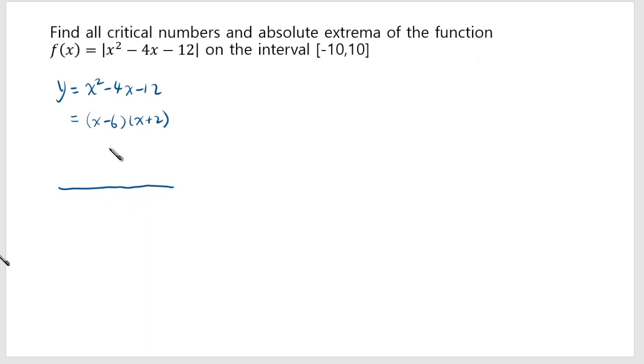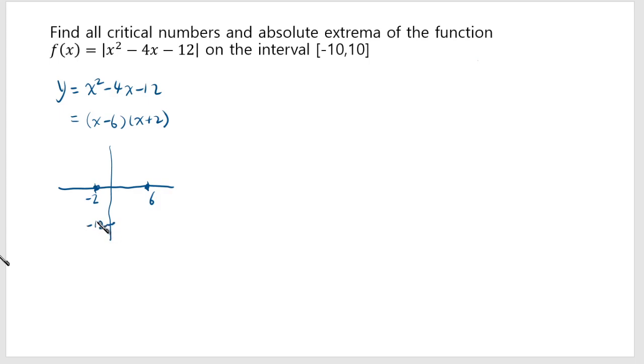So let's say here's negative 2, here's 6. These are the points where the graph will cross the x-axis because its y value is 0, right? Furthermore, when you plug in 0, you get negative 12, so negative 12 is the y-intercept.